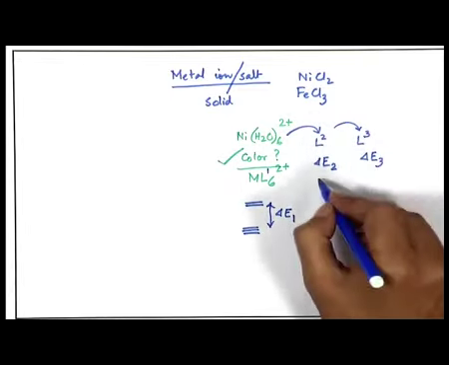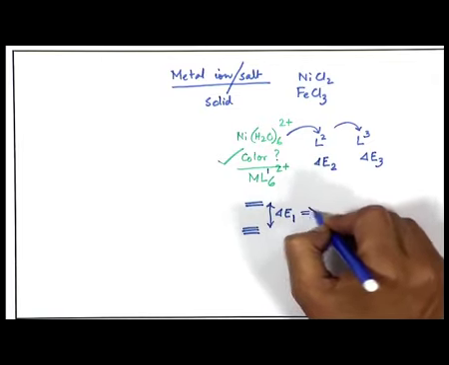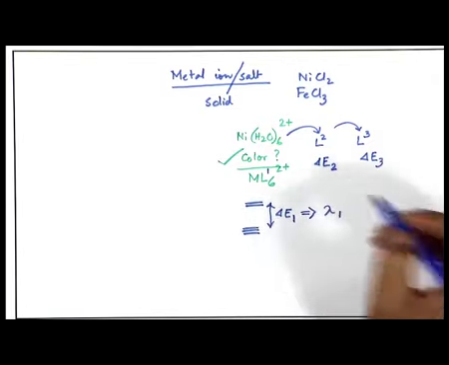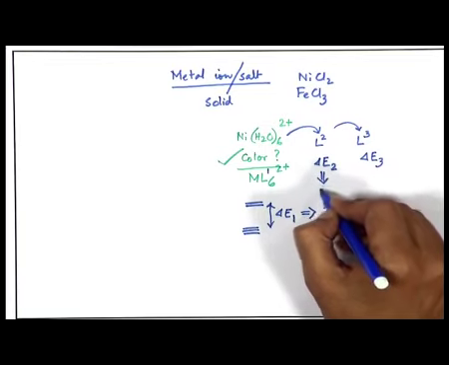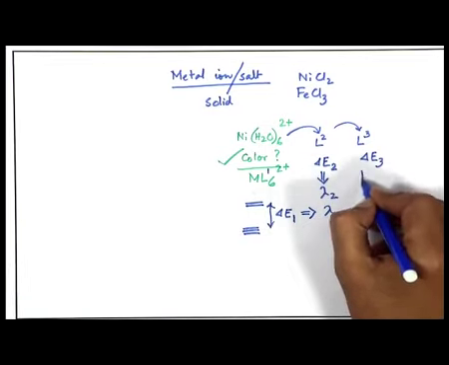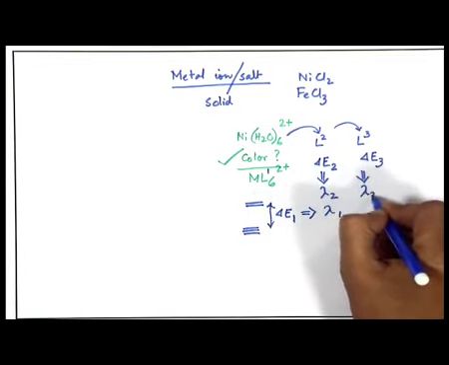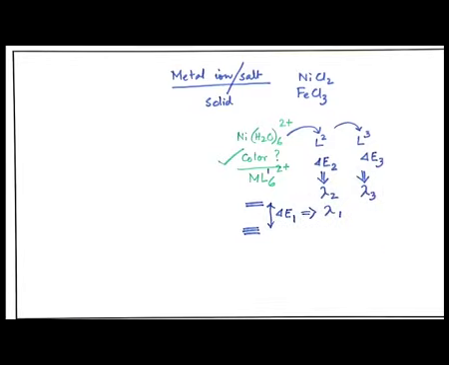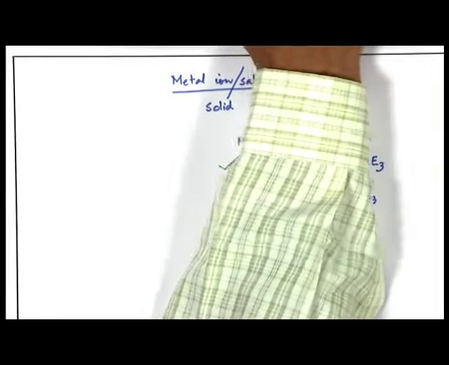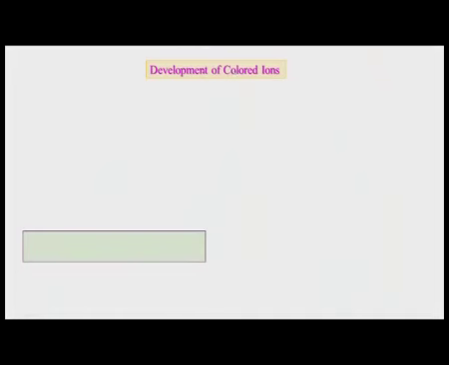These can be correlated to the corresponding lambda values. This will give you lambda 1, this will give you lambda 2 and this will also give you lambda 3, and obviously, the colors will change. So, the solution colors will be changing. So, what we see here is how we go for the development of colored ions.